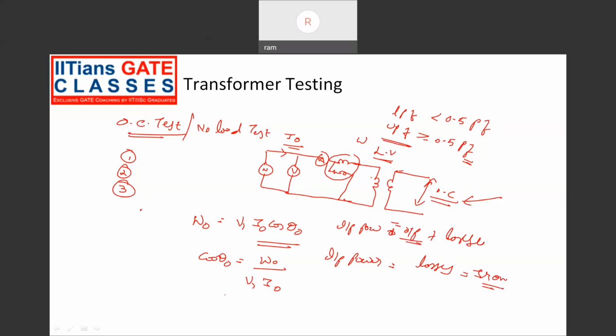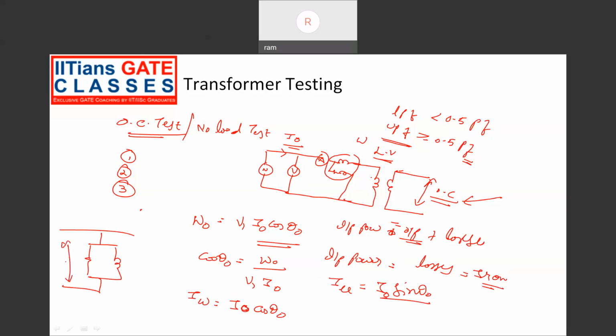Once we get cos theta, the active component current IW can be given as I naught cos theta naught. Similarly, the reactive component I mu is given by I naught sin theta naught. The transformer equivalent circuit under no load condition looks like this: R naught, X naught, with supply voltage V1, I naught, IW and I mu.